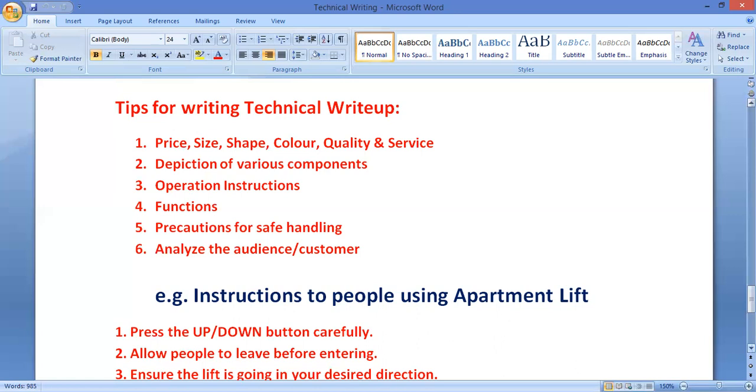Then of course, the last one, analyze the audience, the customer. You must know who is the user of your product, who is the user of your particular device.